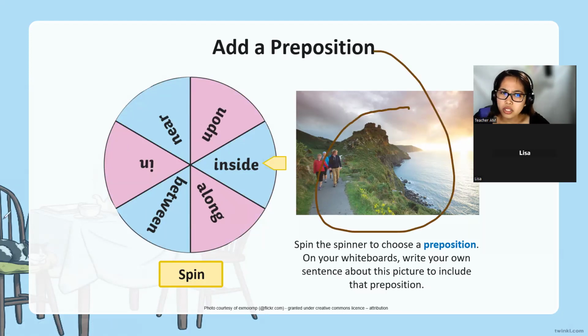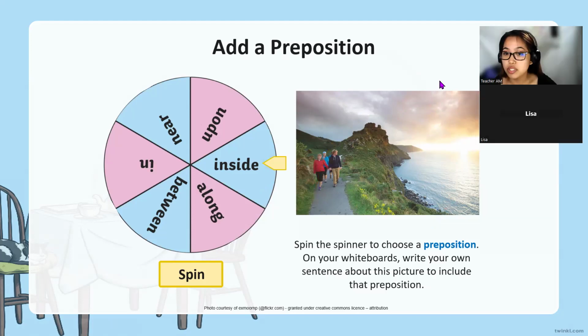Okay, so what can I think of this picture where I can use inside as a sentence? It's hard because there's no inside of it.